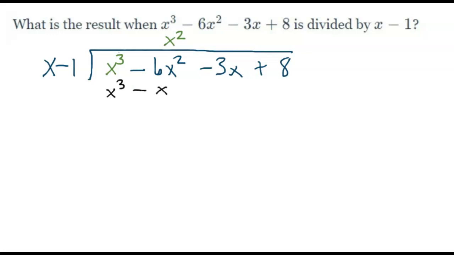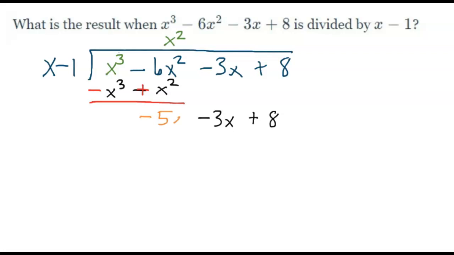So then we go ahead and multiply x squared through times x minus 1. And then we will subtract. And when we subtract, we end up with negative 5x squared. So then go ahead and bring the rest of the polynomial down.